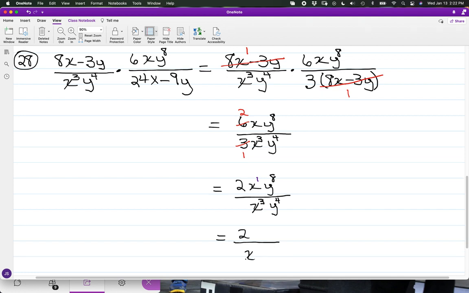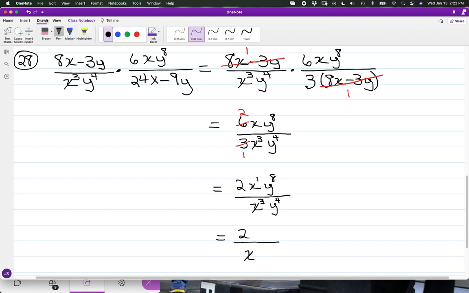So I'm going to do with x, where the higher power exists, the reduced form of that variable is going to be in that location as well. So for x to the first over x cubed, I'm looking at x to the 3 minus 1. And for y to the 8th over y to the 4th, we have y to the 8 minus 4.